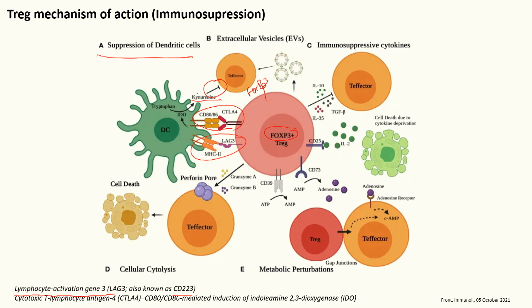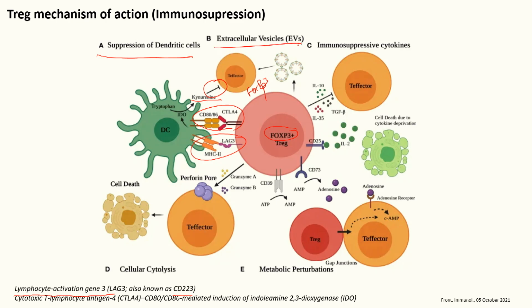So what we can understand here is that the FOXP3 gene can downregulate the dendritic cell population by modulating the tryptophan metabolic pathway, producing kynurenine, which can inhibit T cell proliferation. Second is through extracellular vesicles.